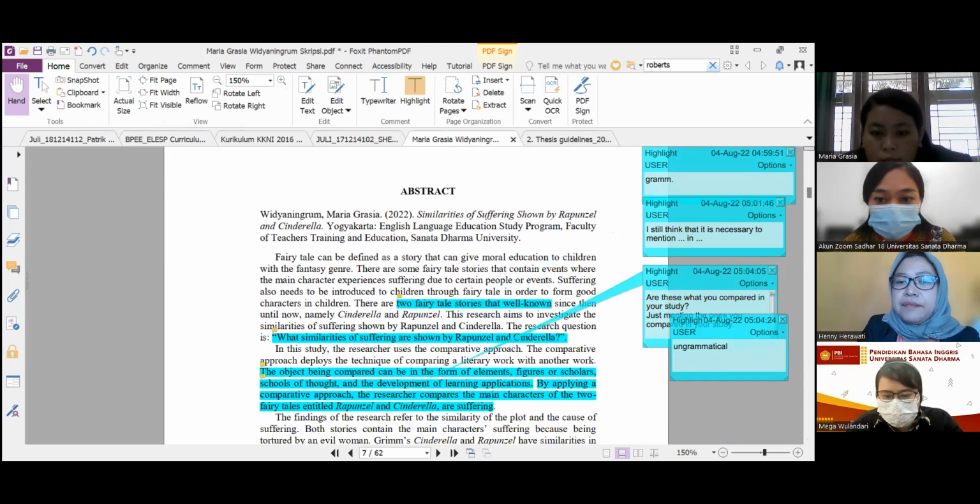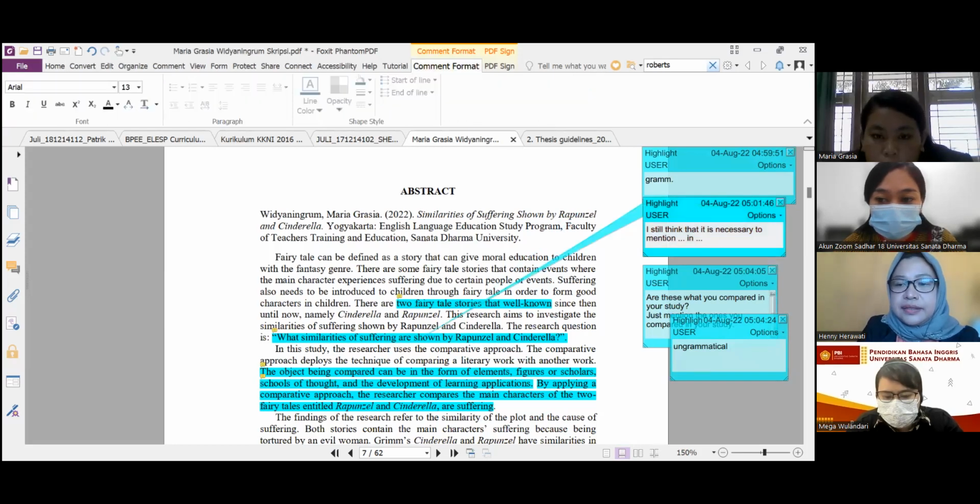Okay, so in this part, your research question, only one research question, right? I think it is. I still think that it is necessary to mention the books. Okay, I mean the literary works. Like for instance, what similarities of suffering are shown by Rapunzel and Cinderella in Grimm's for instance.